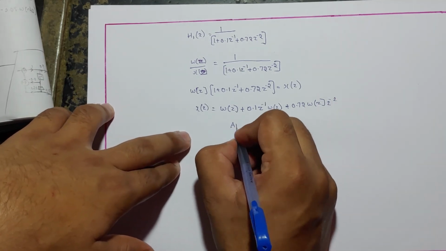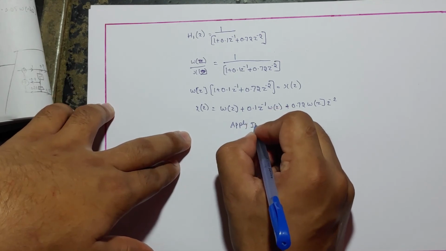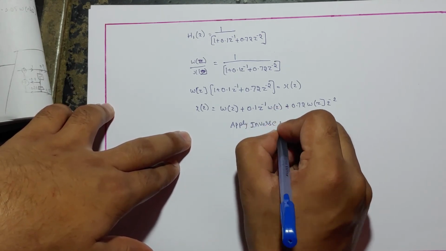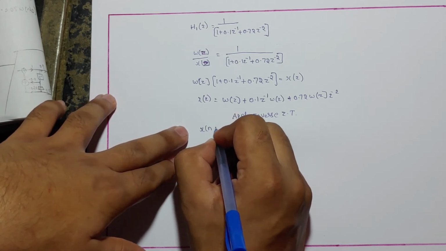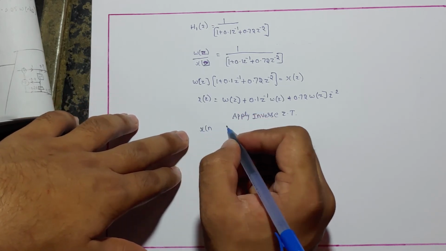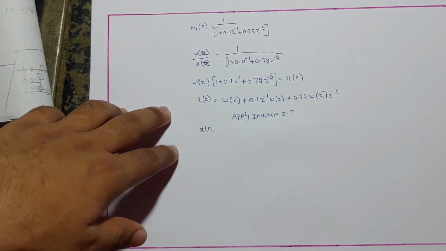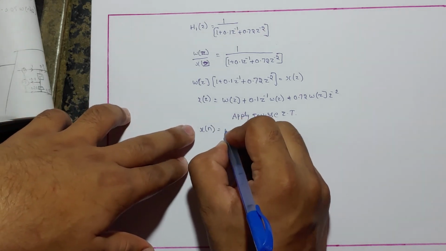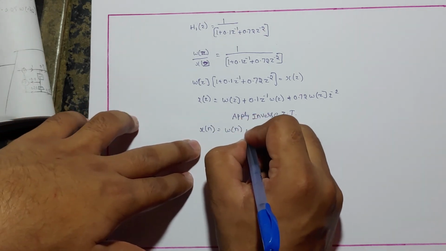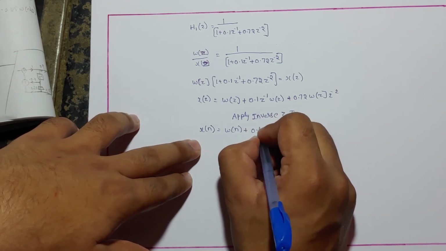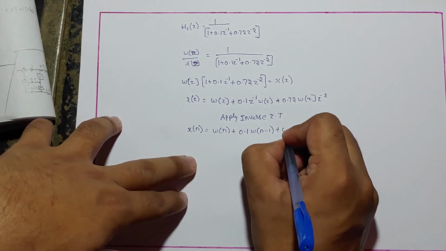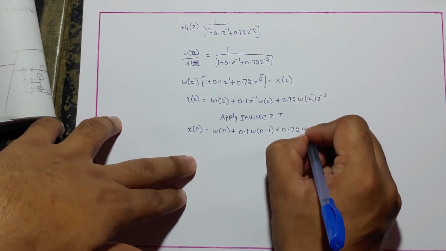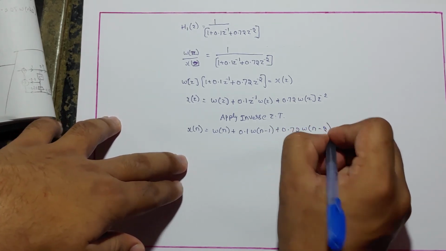Now let us apply inverse z transform. Inverse z transform, that is x of n is equal to w of n plus 0.1 times w of n minus 1 plus 0.72 times w of n minus 2.